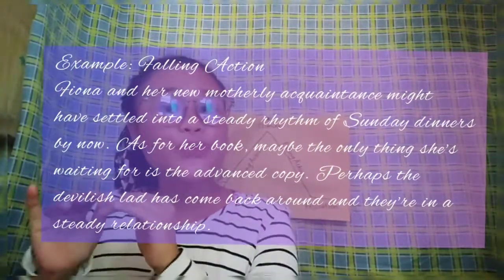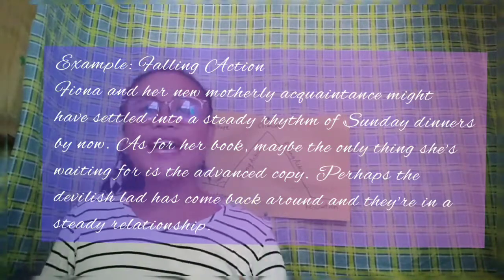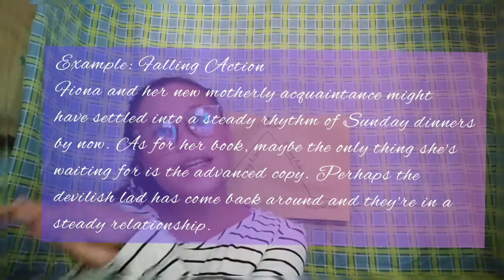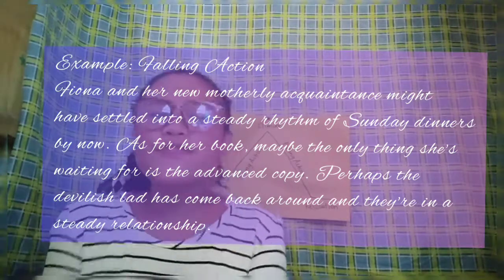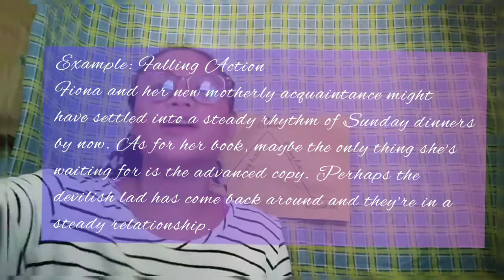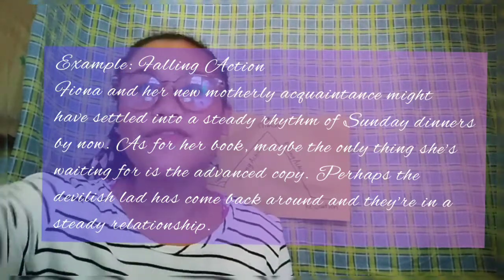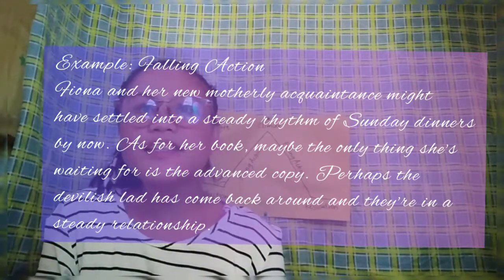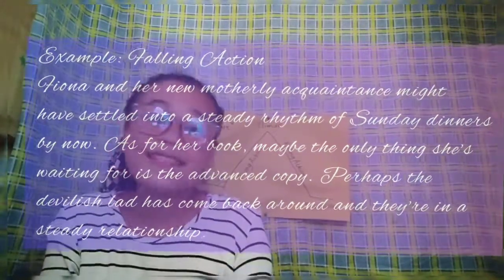Her new motherly acquaintance might have settled into a steady rhythm of Sunday dinners by now. As for her book, maybe the only thing she's waiting for is the advance copy, or perhaps the devilish lad has come back around and there is a steady relationship.